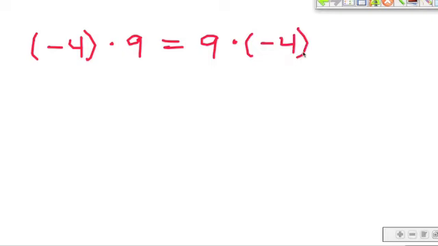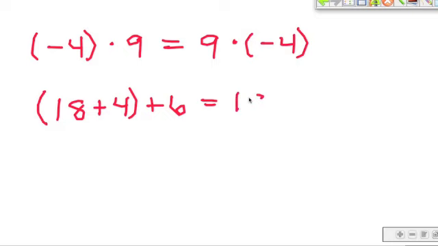Either way, you're going to get the same answer. Doing associative property would look something like this: 18 plus 4 plus 6 would equal the same as 18 plus 4 plus 6 regrouped. It does not matter which order you put these numbers in. You're going to get the same answer no matter what.